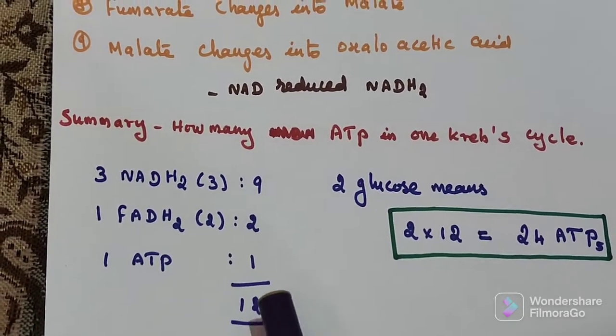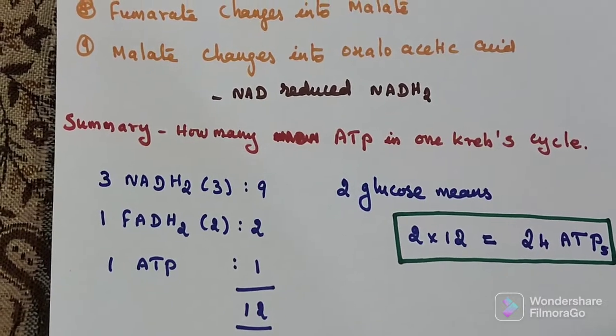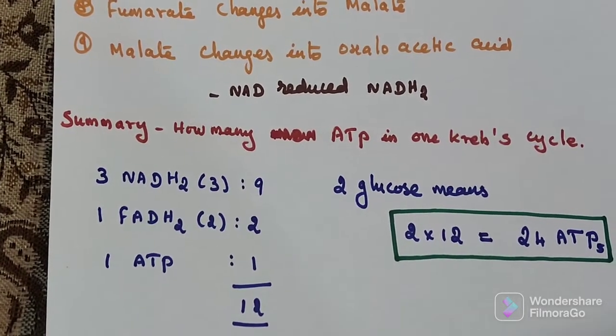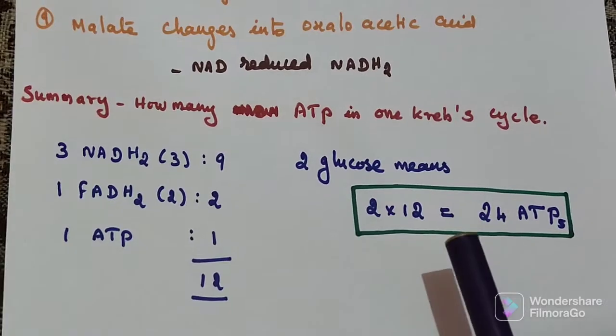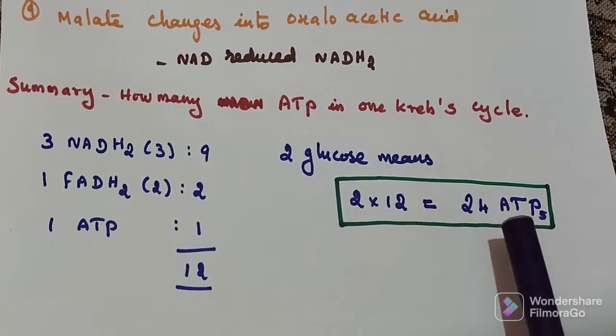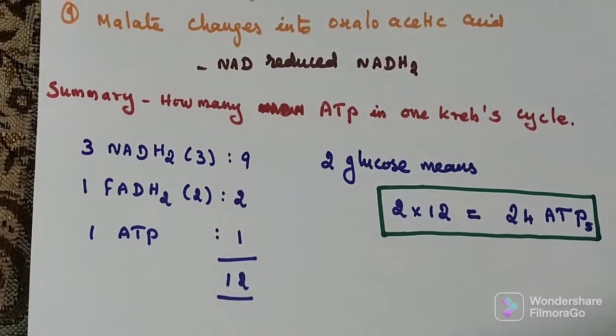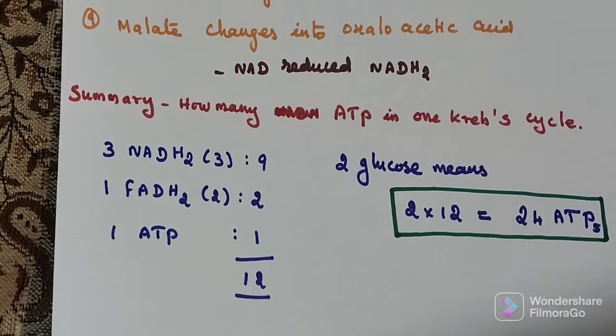So in total we get 12. We have 2 pyruvic acid, so we multiply by 2. So in total we get 24 ATP molecules. From the Krebs cycle we get 24 ATP molecules.